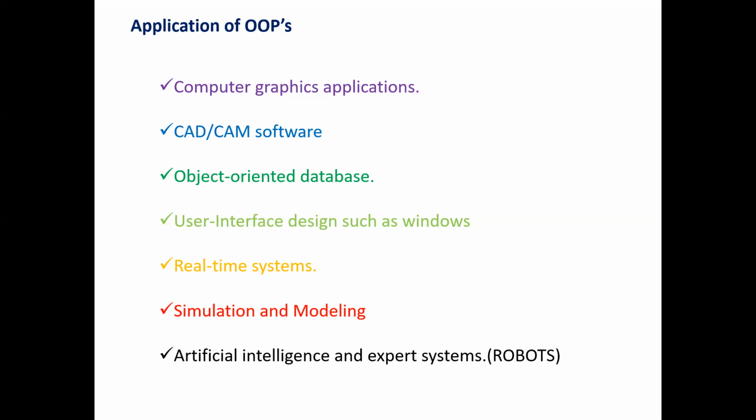Then simulation and modeling. It means you can write a program that works like a calculator, a simulated program. A program written with the help of object-oriented programming. For example, in C++, we write a program that performs addition, subtraction, multiplication, and division operations.